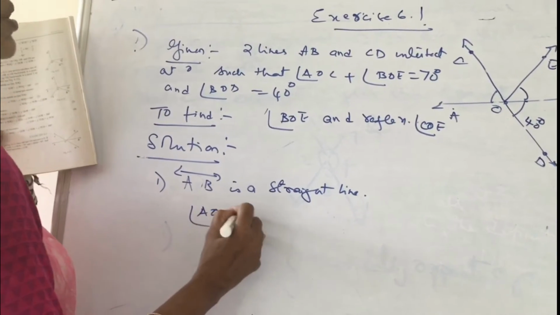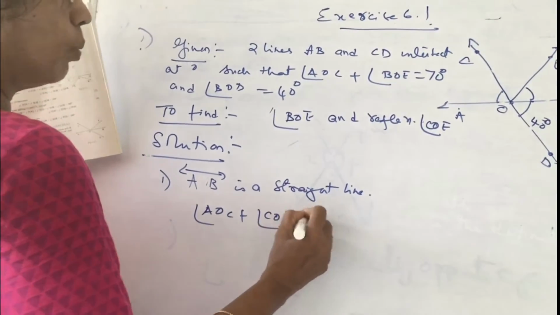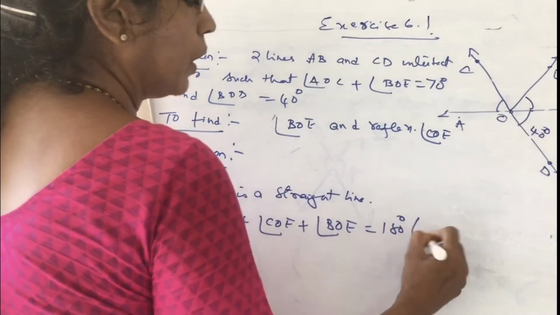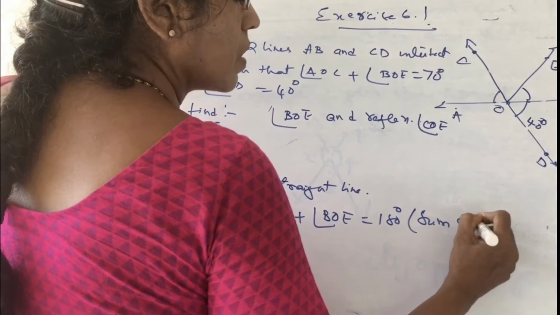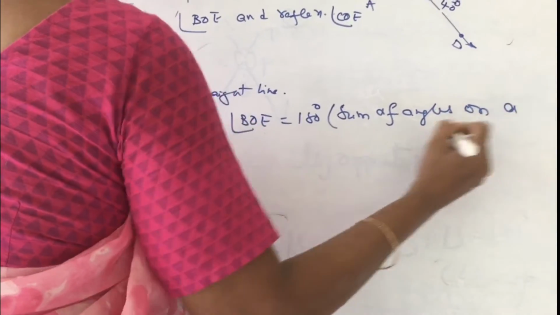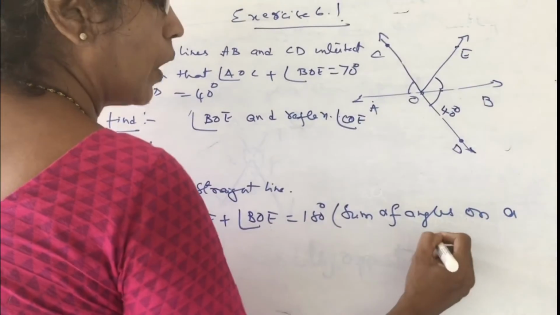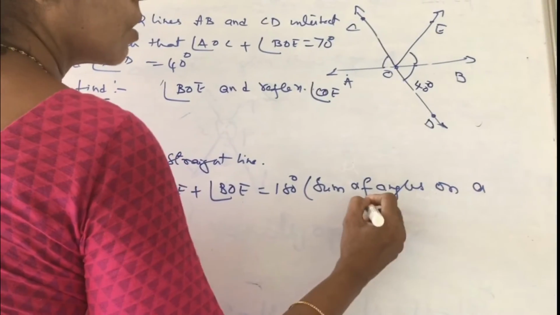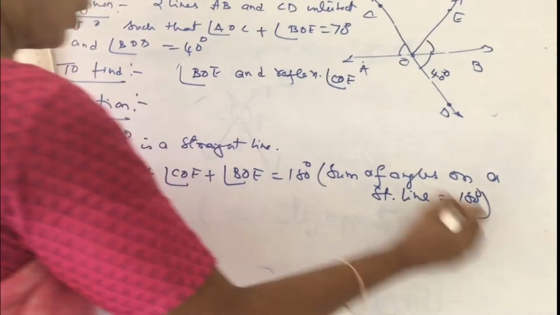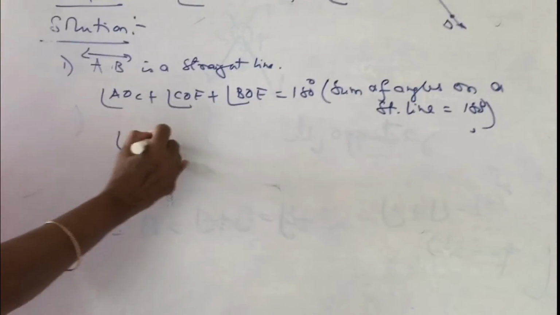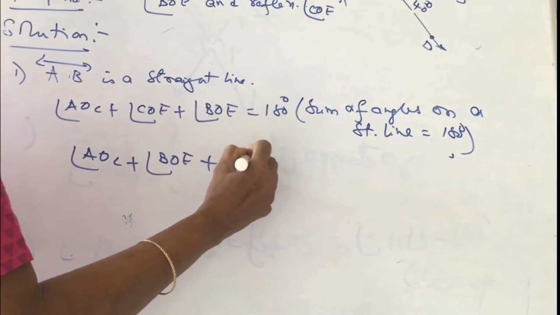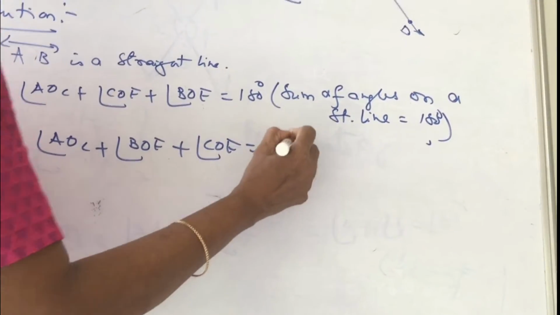Angle AOC plus angle COE plus angle BOE is equal to 180 degrees. And reason is compulsory. What is the reason? On a straight line, whatever be the number of angles, their sum is 180 degrees. Sum of angles on a straight line: angle AOC plus angle BOE plus COE is 180 degrees.